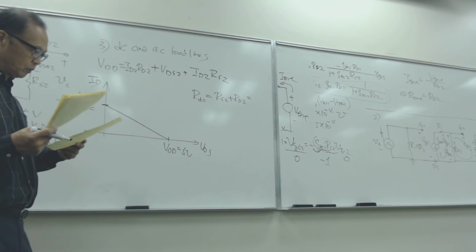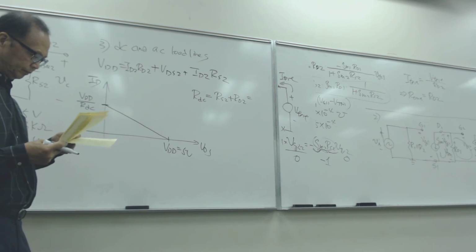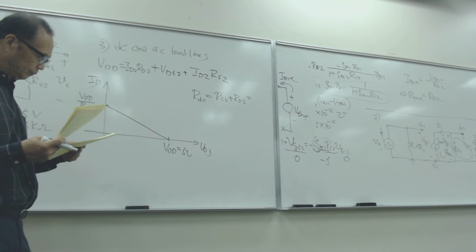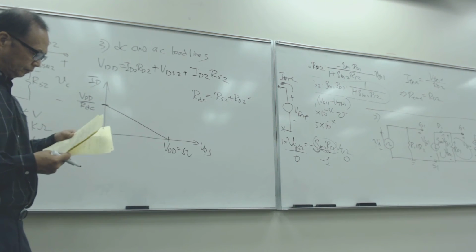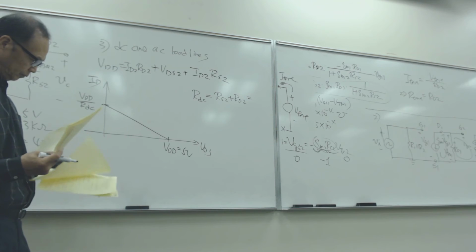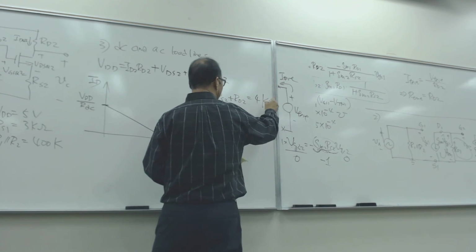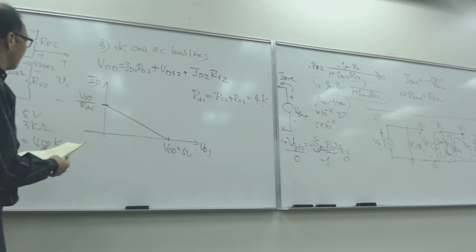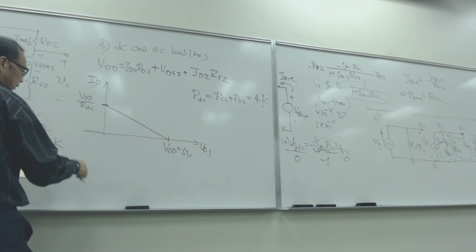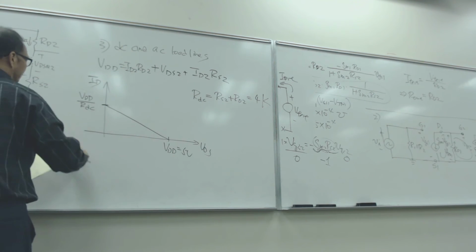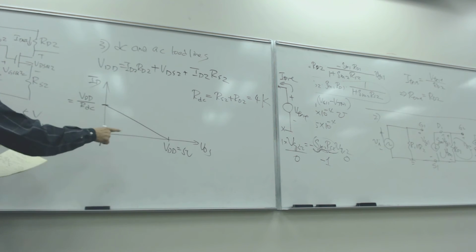I don't have the number anymore. 4K? Okay, all right. Thank you. So 4K. So this is 5 divided by 4K.